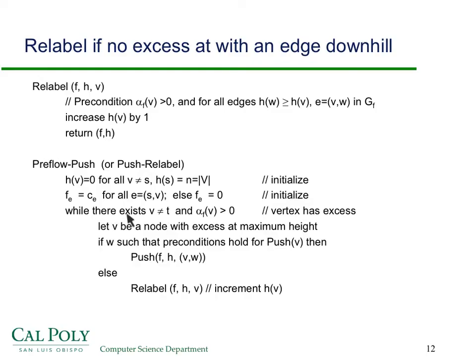So then here's where the work gets done. While there exists a v that's not equal to t, and the amount of flow at v is bigger than 0, in other words, it has an excess, then we find the node with the excess, the node at maximum height.